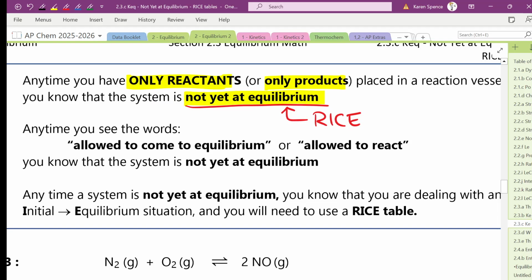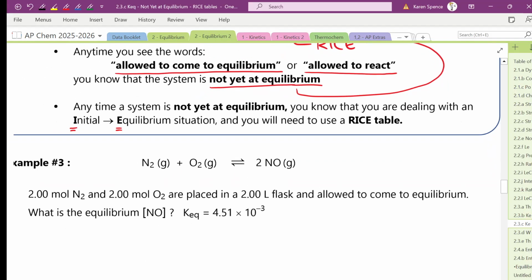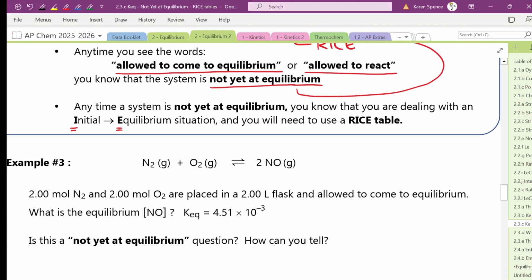If you see the words "allowed to come to equilibrium" or "allowed to react," then you know you are not yet at equilibrium and you should use RICE. Anytime a system is not yet at equilibrium, you know you are dealing with an initial going to an equilibrium, and you will need to use a RICE table.